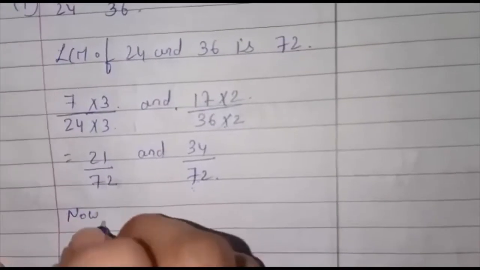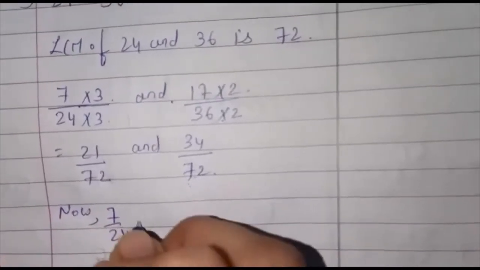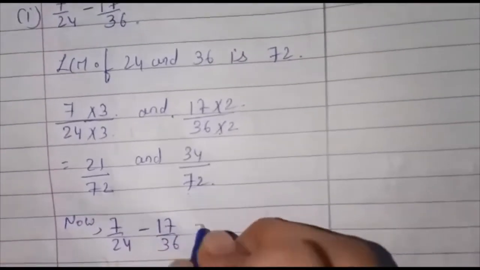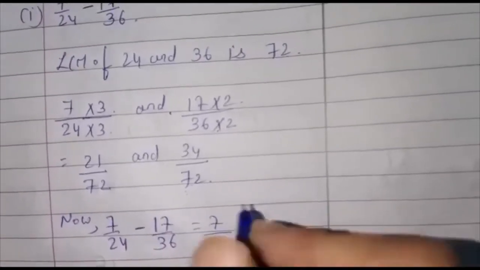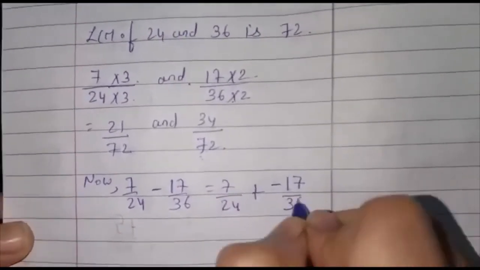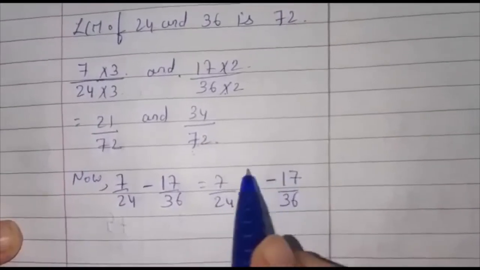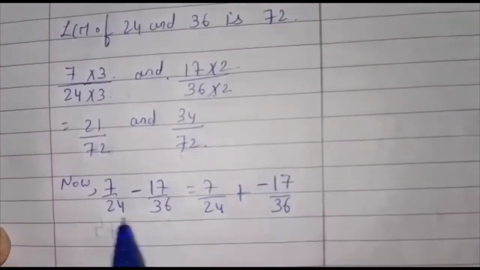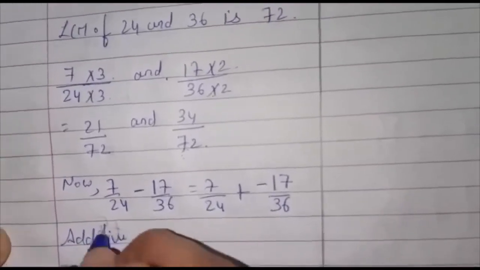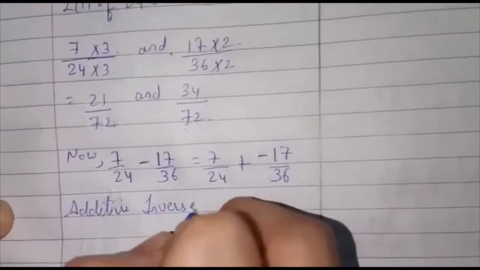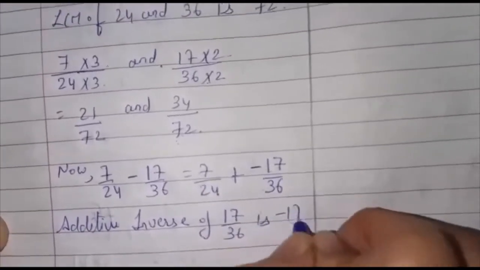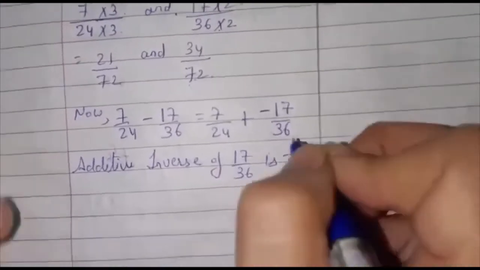So now 7 upon 24 minus 17 upon 36 becomes 7 upon 24 plus the additive inverse of 17 upon 36. We need to add this additive inverse. So we need to mention here that the additive inverse of 17 upon 36 is minus 17 upon 36.